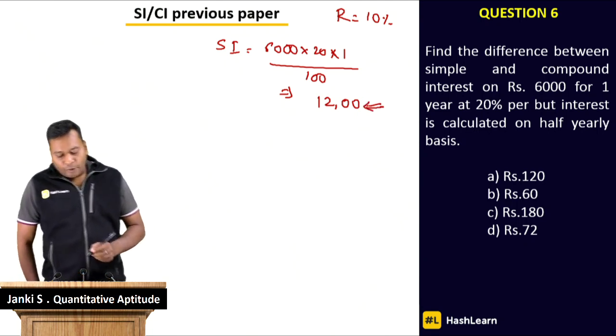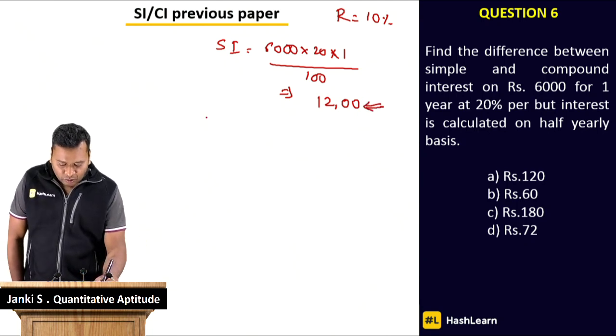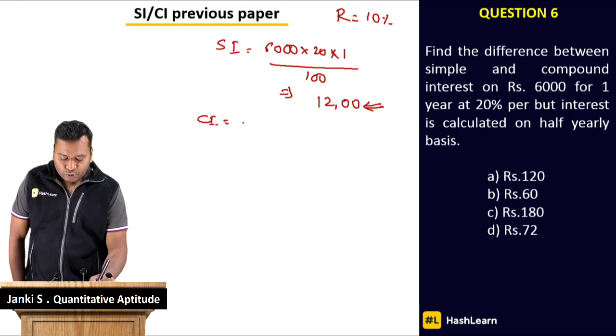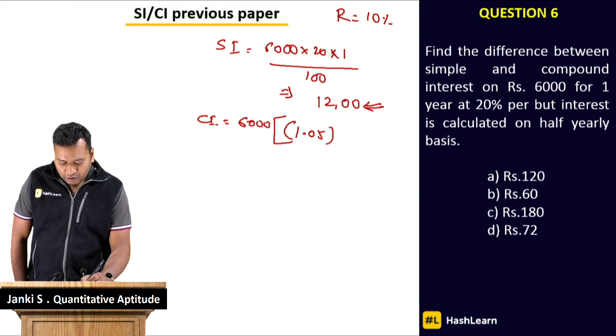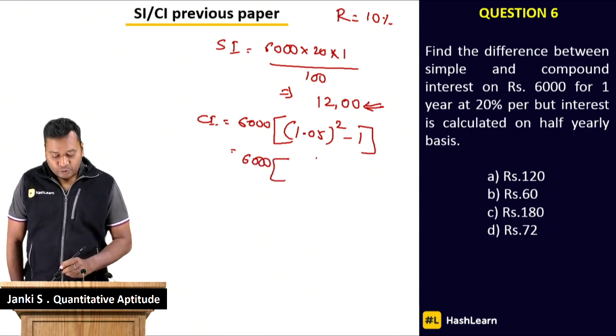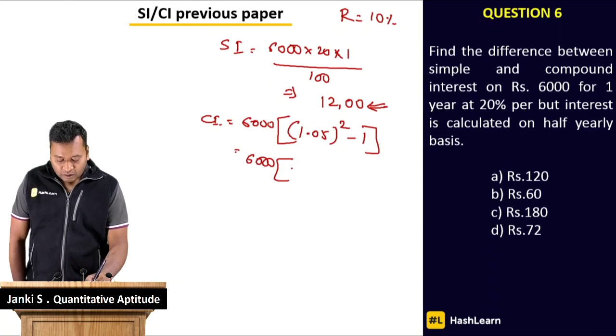Now let's talk about the compound interest. So what will be the format of compound interest? Compound interest is nothing but now it's calculated twice. So it is 6,000 into 1.05, because the rate of interest is 5, raised to 2 minus 1 is the format. So let's calculate. It's about 6,000 into, now 1.05 squared is 1.1025, minus 1.